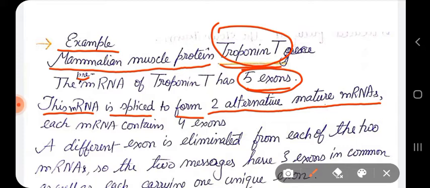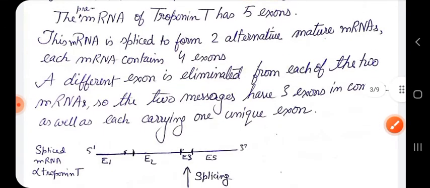It has five exons, but it is spliced in two alternative ways to form two different types of mature mRNA, and each mature mRNA will have four exons, just like I have shown you in the previous diagram.